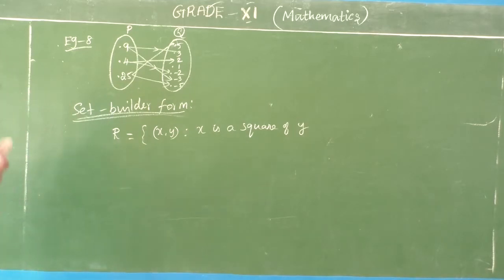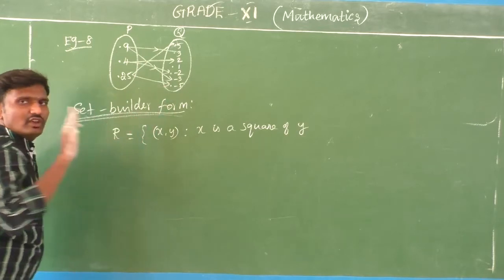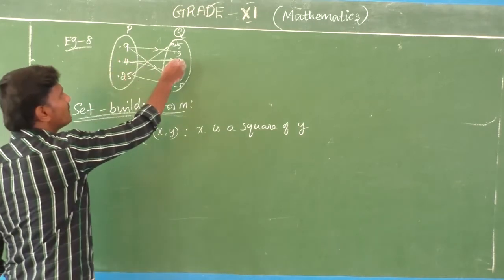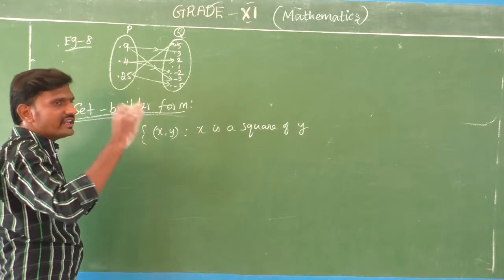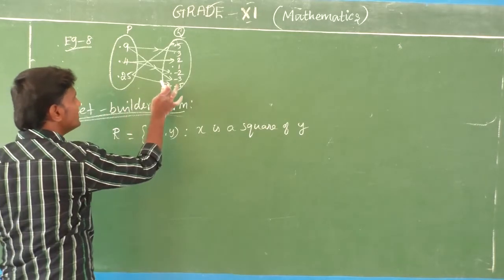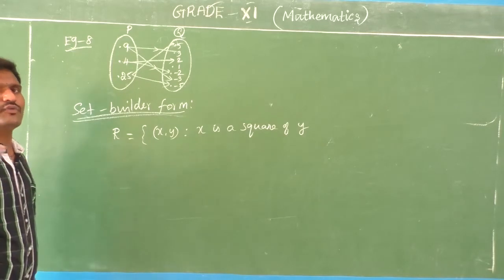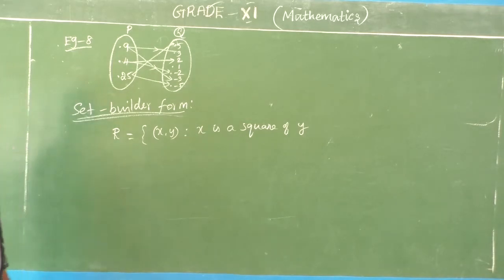It is very simple. 9 is mapped to 3 and -3. We know that 3 square is 9, and -3 the whole square is also 9. Then 4 is mapped to the two elements 2 and -2. Why? Because 2 square is 4 and -2 square is 4. And 25 is mapped to 5 and -5, so 5 square and -5 square both give the same answer 25.